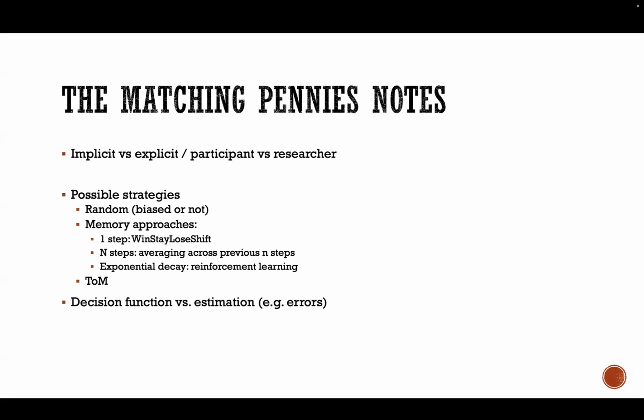Then we discussed the distinction between decision function and estimation, which I think you covered in decision-making last semester. That is, I might estimate the propensity of my opponent to play right. Once I've estimated that rate, I have an expectation about what they're going to do, about what Anton is going to do next.